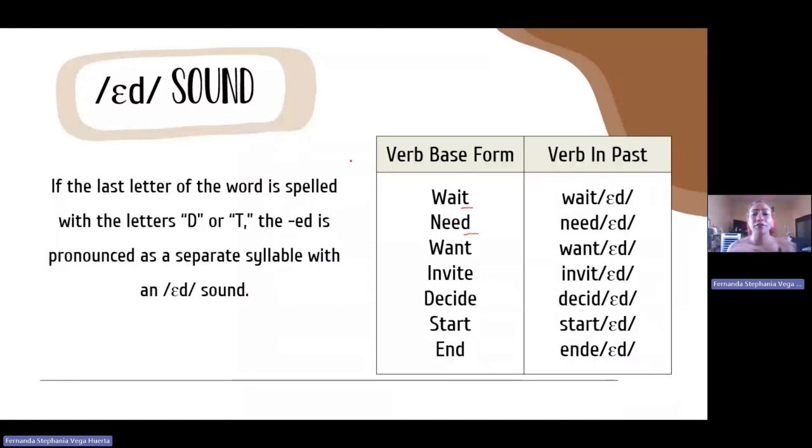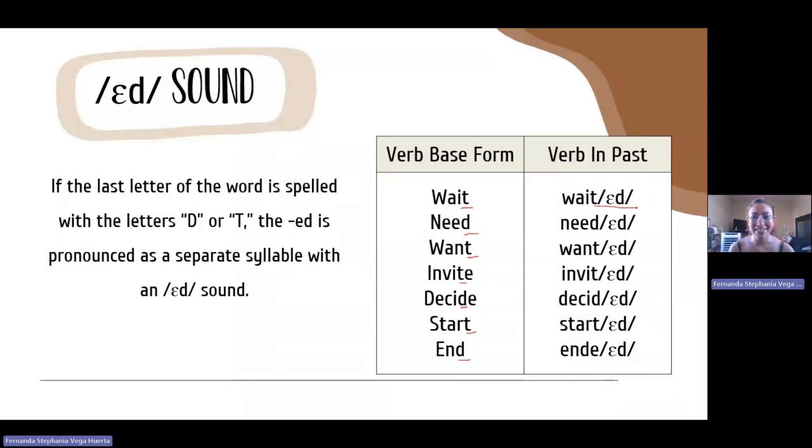So if you have the base form verbs like wait, need, want, invite, start, you notice there's a pattern because all of them finish with the letter T or D, right? So if the verb that you're using ends with the letter D or T, as in wait, need, want, start, and invite, once you change it into a past verb, then you have to say the whole thing.